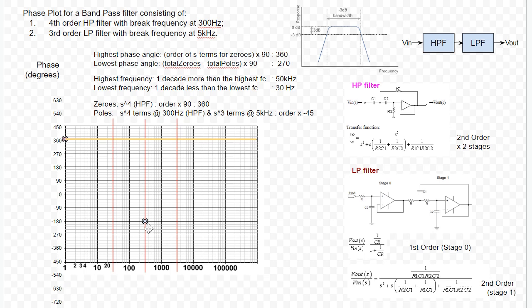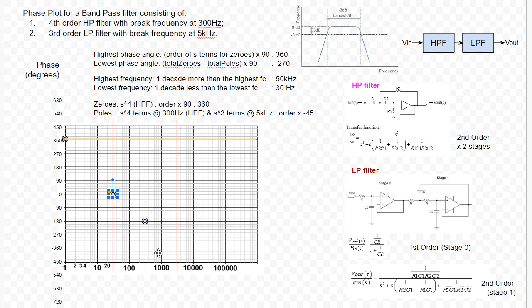And then we need to mark a decade before that. So it should be here. So at 0, so that we have a 180 degree slope.